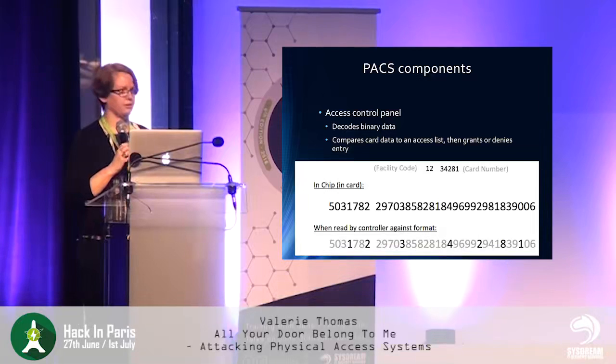But once we look at the hardware and how it's actually written to the chip inside of the card, it's the same. A lot of my clients struggle with this because they keep being told that they have their own custom format. This is definitely a security by obscurity thing that started many, many years ago in the physical access community, and it's just now starting to become public that that's what's happening.